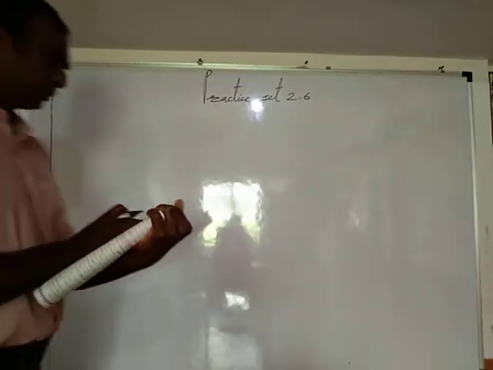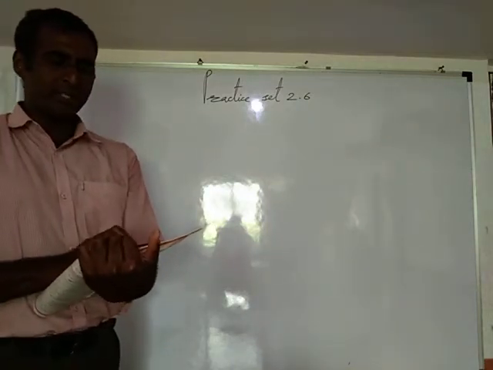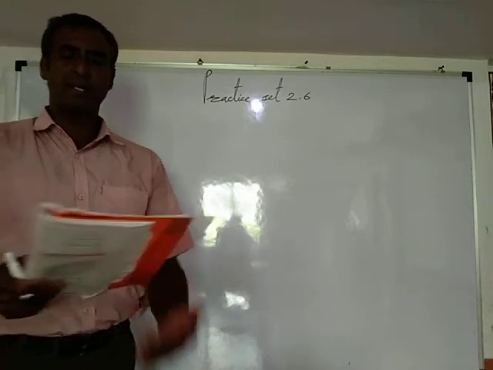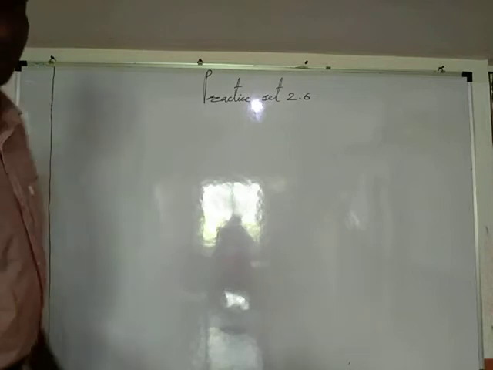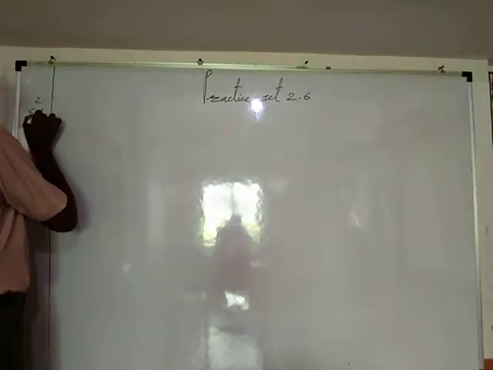Question second. The sum of squares of two consecutive even natural numbers is 244. Find the numbers. Okay. Question second. Solution.